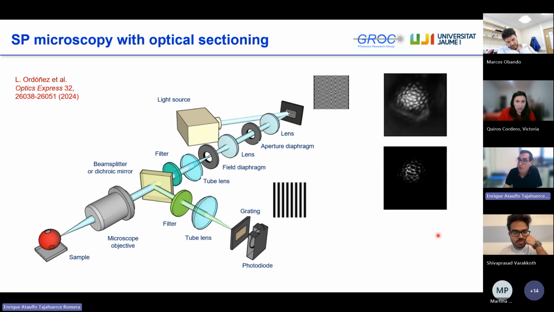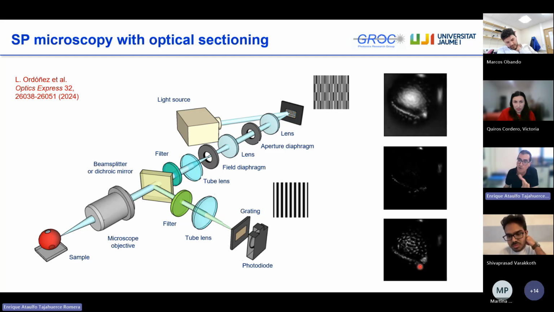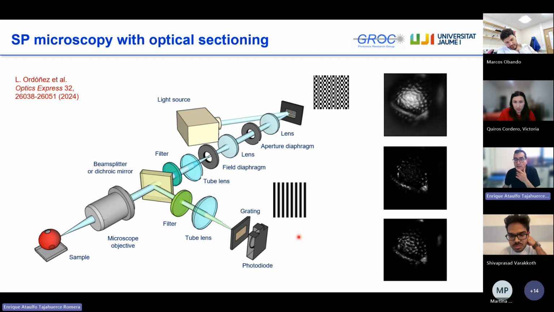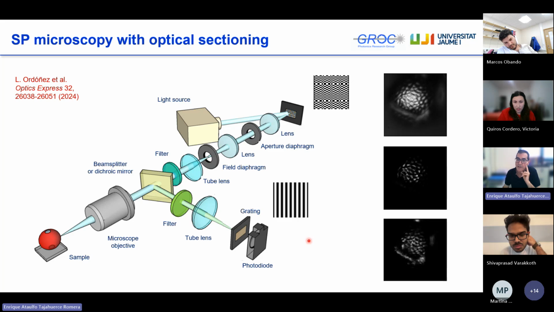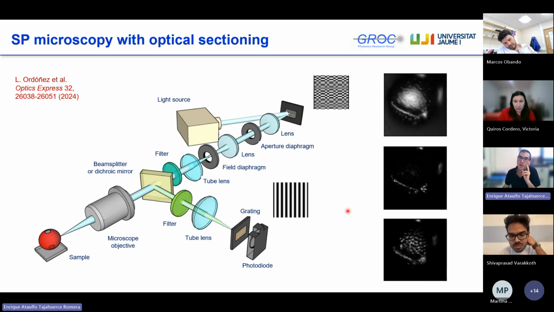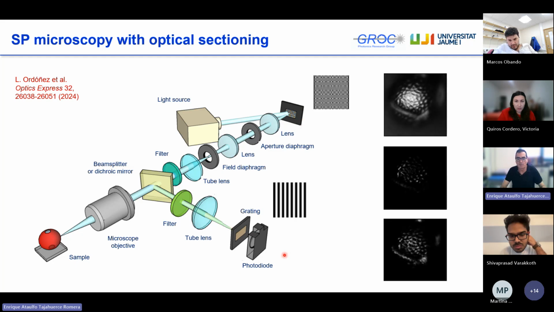And with a collection of axial images, we are able to recover 3D information from the object. Please pay attention that, and this is very interesting, to project gratings onto the object, we use gratings close to the photodiode and not in the spatial light modulator. I have no time to explain this, but it's very, very interesting.